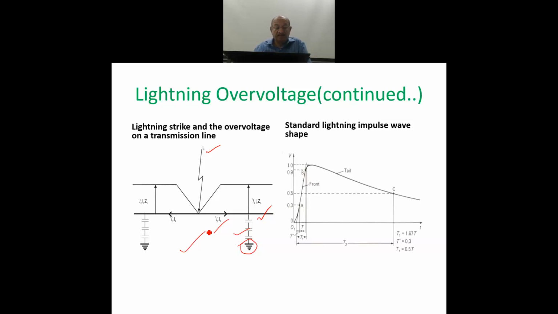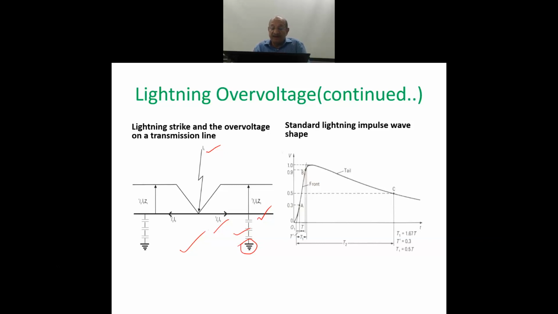Wherever insulators are there, first of all it stresses the insulation, and whatever magnitude is feasible reaches the substations, other gadgets, transformers, circuit breakers. Everywhere this overvoltage reaches in the form of impulse overvoltage, and in the form of traveling waves, you could say.